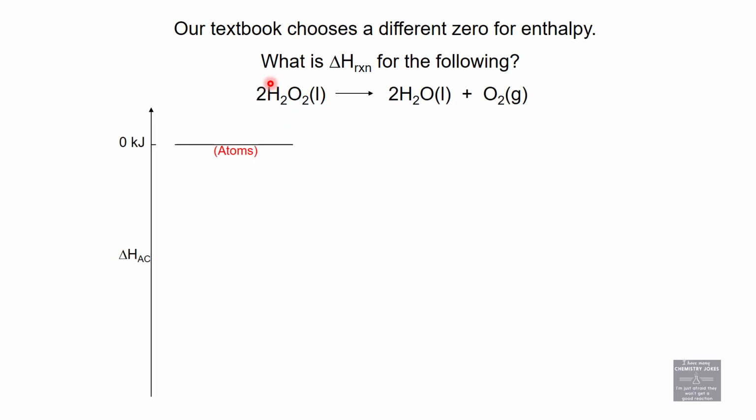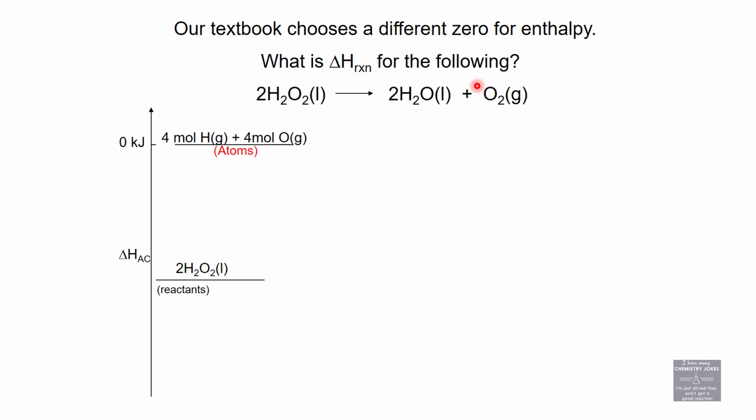So all of the atoms that are involved in here, I've got 4 hydrogen atoms and 4 oxygen atoms. So 4 moles of hydrogen as a gas is defined as 0 in my chem activity book, and 4 moles of oxygen as a gas is defined as 0 in my chem activity book. The reactants have some enthalpy value that is lower than 0, some negative enthalpy value. Let's put them right there.